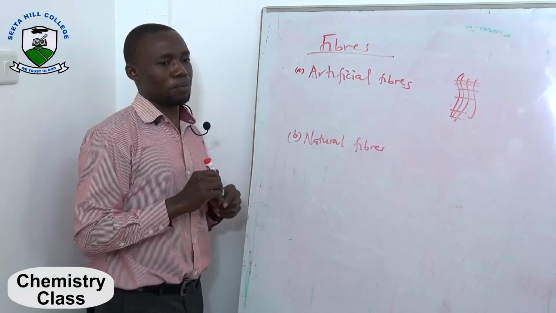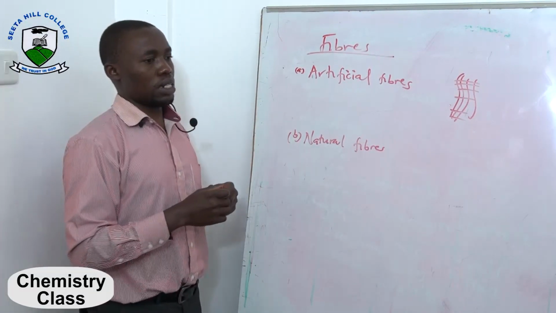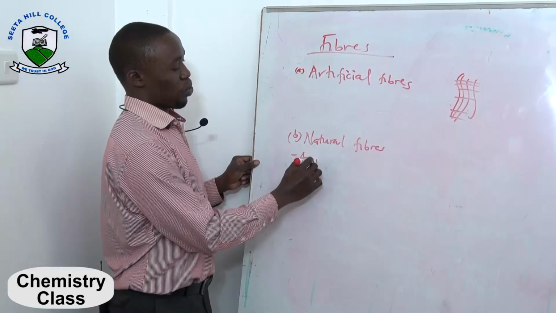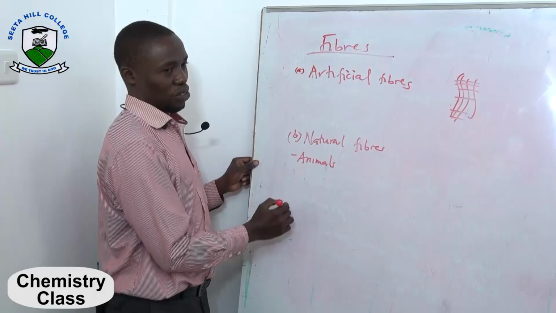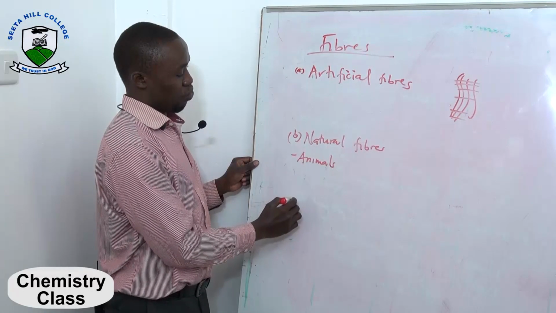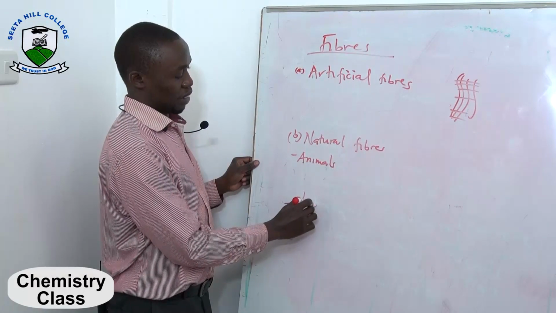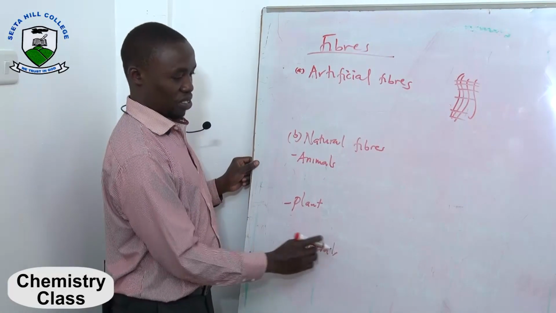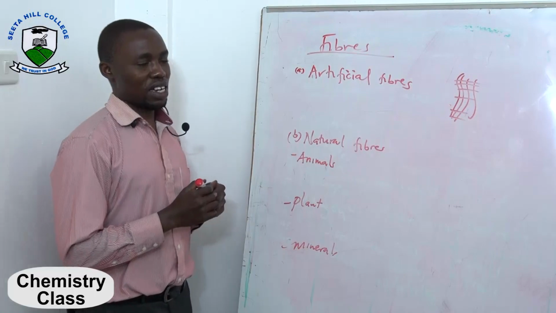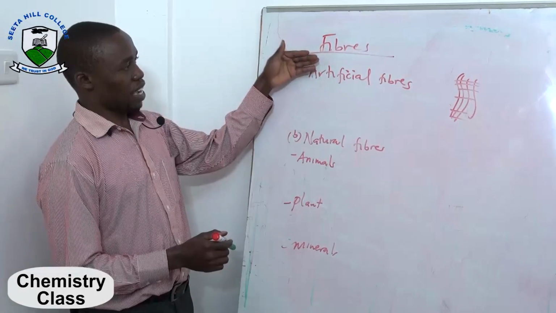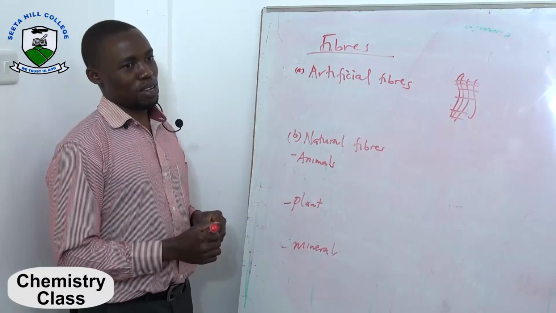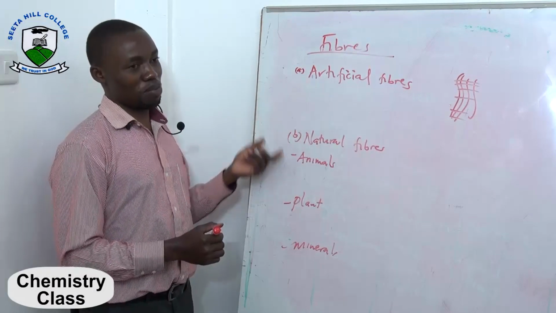Some natural fibers are got from animals, some are got from plants, while some are got from minerals. So fibers are either artificial or natural. Artificial are made by man.